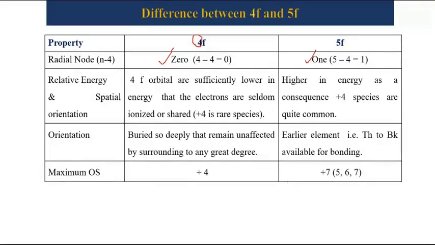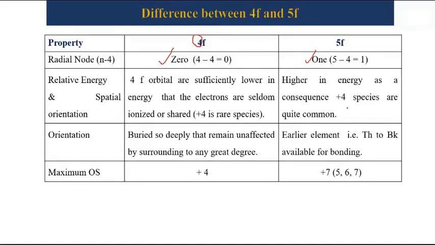Now the maximum oxidation state is +4 in the case of 4f. However, in the case of 5f, the maximum oxidation state is +7. Here I have mentioned that +5 is also present, +6 is also present, even +4 is also present. So in the case of 5f block elements, the oxidation states range from +4 to +7, meaning they have +4, +5, +6 and +7 oxidation states.